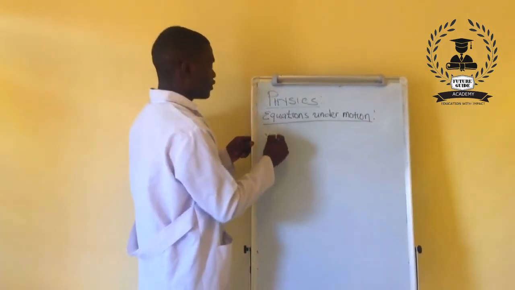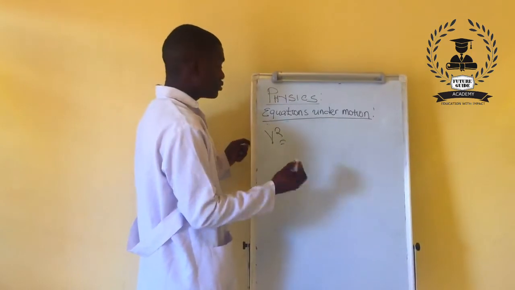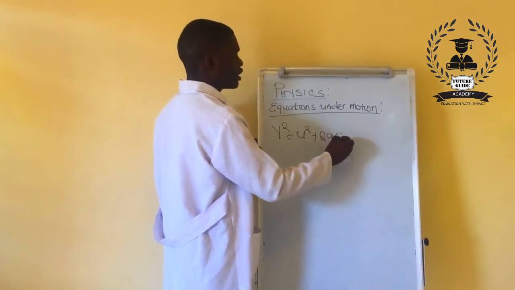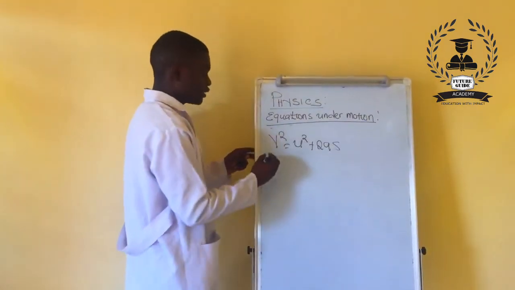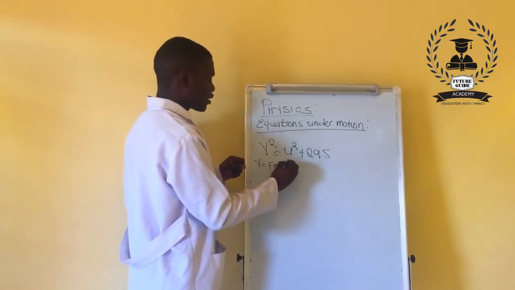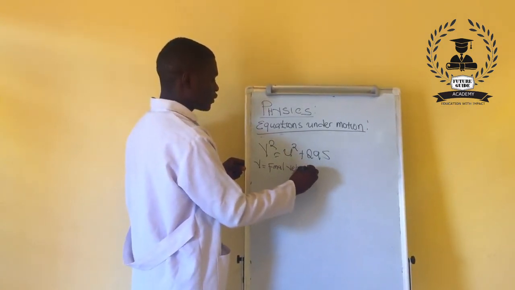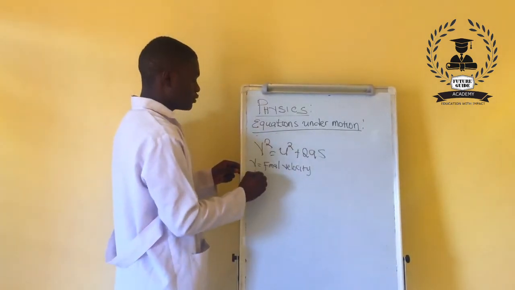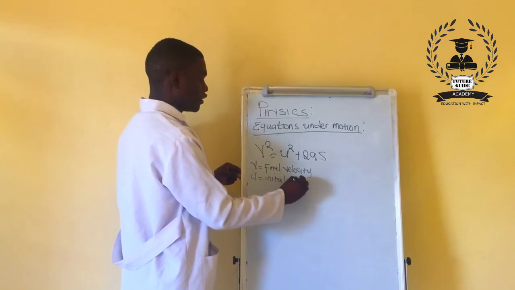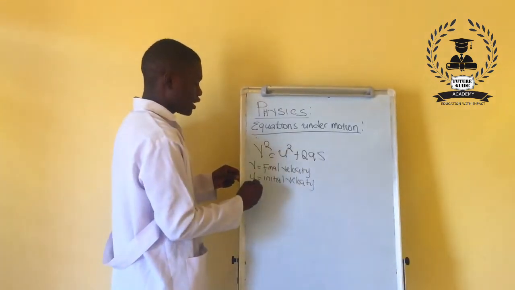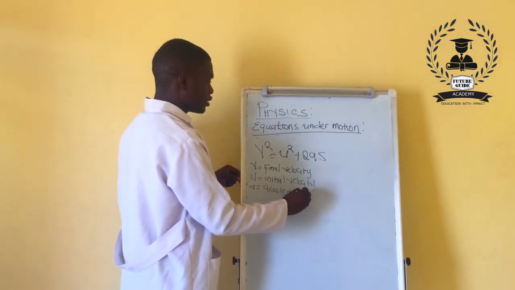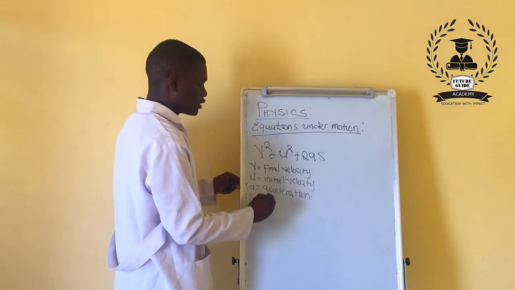We've got v squared is equal to u squared plus 2as, where v is final velocity, u is initial velocity, a is acceleration and s is distance.